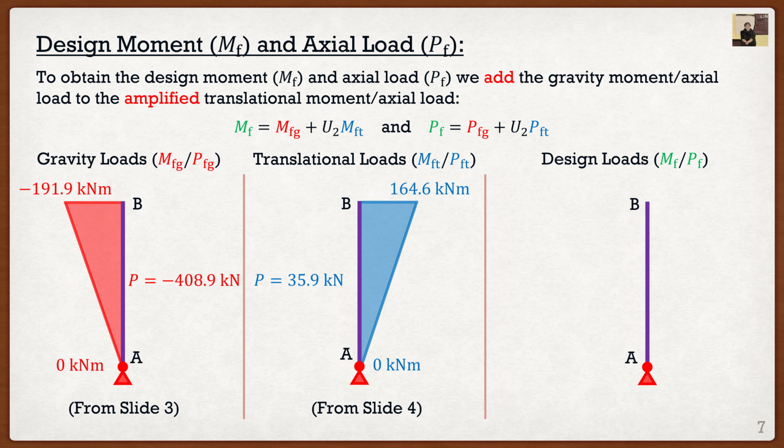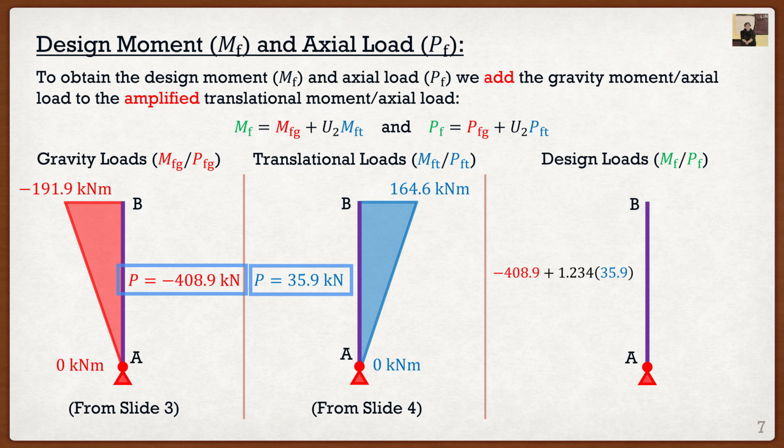From here, I'm going to draw a sketch, and then I'm going to go through each one by one. If I wanted to find the total design axial load for my structure, I take the axial load from the gravity analysis, which was negative 408.9, and add it to the amplified axial load from the translational analysis.